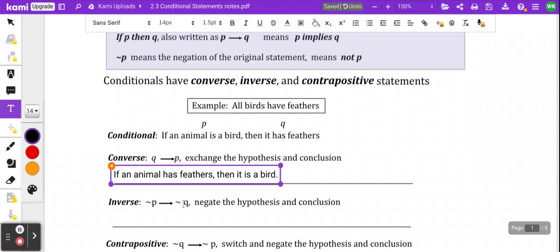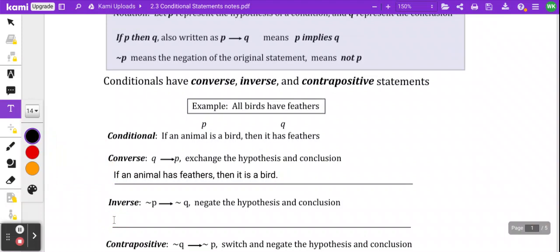Now, how about the inverse? If you look at the notation, the inverse is not P implies not Q. So basically, we are negating the conditional statement. The conditional statement was, if an animal is a bird, then it has feathers. So now I am going to negate the original statement.